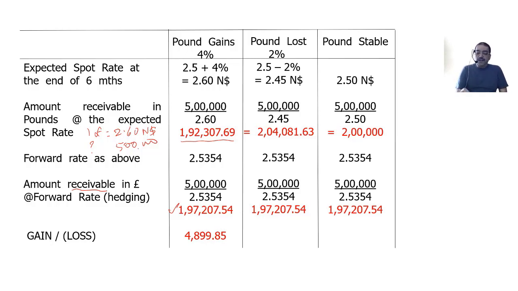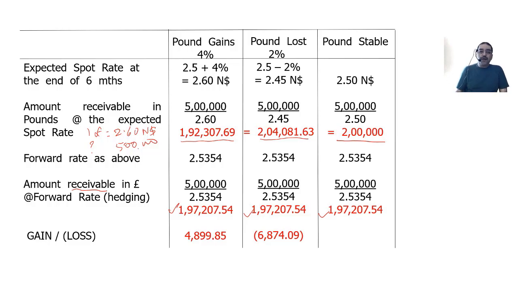Okay, let us take the second case. Because I took a forward cover, I will be receiving this. If I had not taken a forward cover, I would have received 2,04,000. So by taking the forward cover, I have suffered a loss, that is 6,874. Since it's a loss, I have put it in brackets. In the third case, since I have taken a forward cover, I am going to receive 1,97,207. If I had not taken a forward cover, I would have received 2 lakhs.